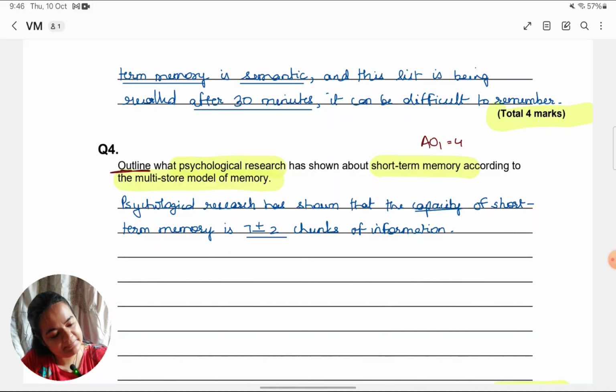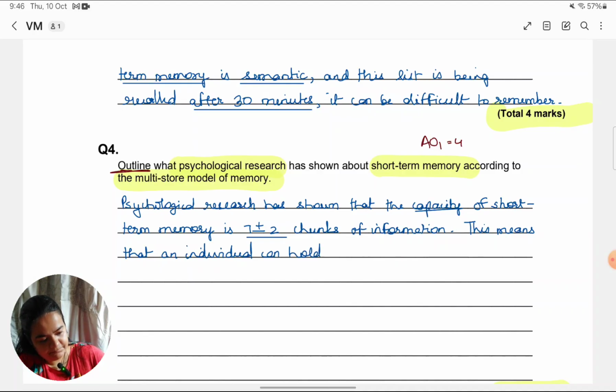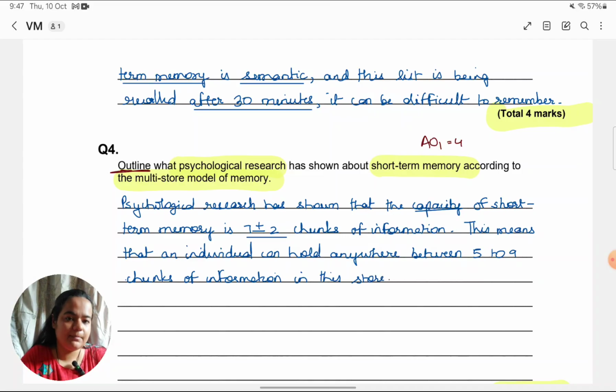This means that an individual can hold anywhere between 5 and 9 chunks or groups of information in this store. So one research I've given about capacity, and I've justified 2 marks by explaining exactly what it means.